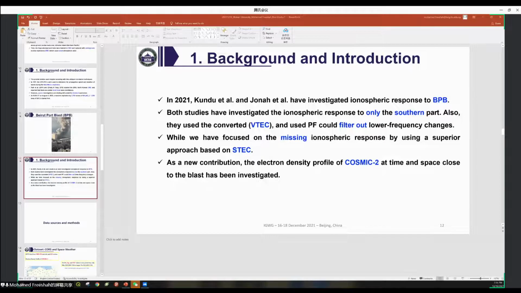So from this research, I mean, is there any other special reason to use the atmosphere data to locate the blast? Or can we analyze the reason for the blast or go further in the future?